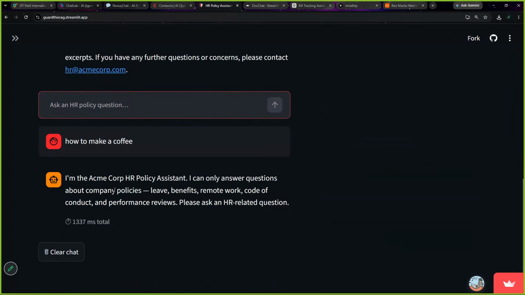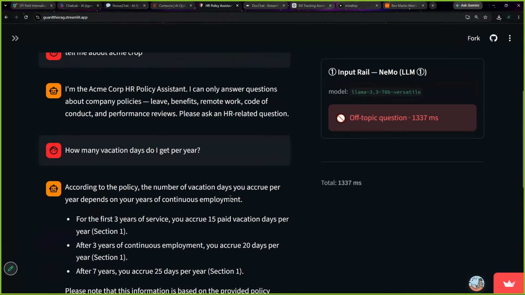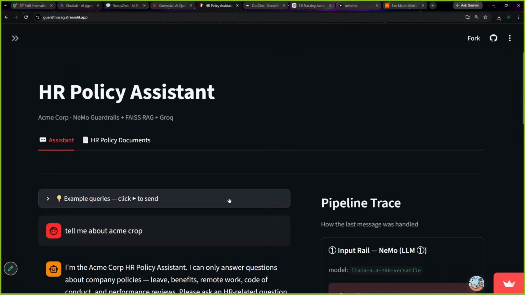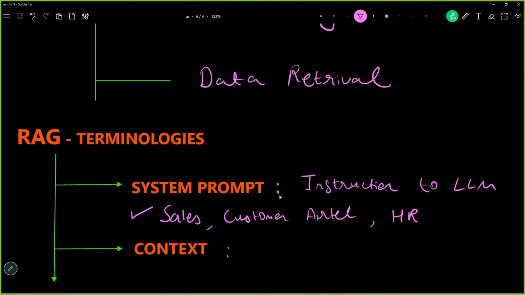See what's going to happen. I am Acme Corp. My only job is to tell you about company policies. I cannot help you with other kind of questions. So this is why system prompt is needed. We have to tell this large language model that, hey, now you have a responsibility. Now you are something, and always behave in that way. All right. Do not do something else. Right. So this is what system prompt is.